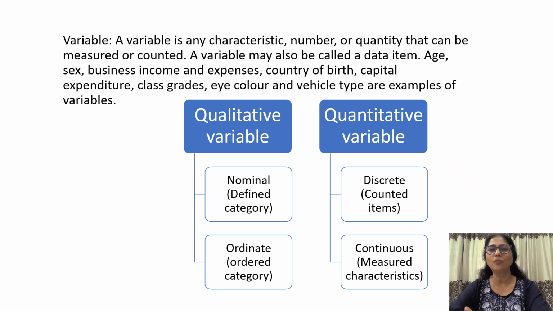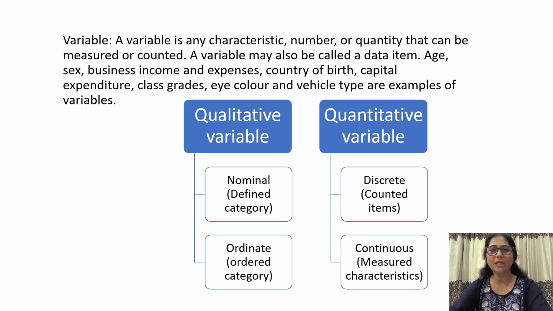A qualitative variable can be of two types, nominal or ordinal. Nominal is a defined category, like age, where we define categories such as 10 years, 20 years or 30 years. Ordinal is ordered, like the birth rate of a country being low, medium or high, or expenditure being very less, less or least.